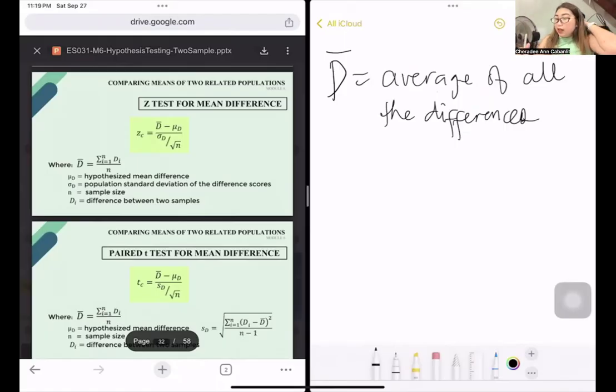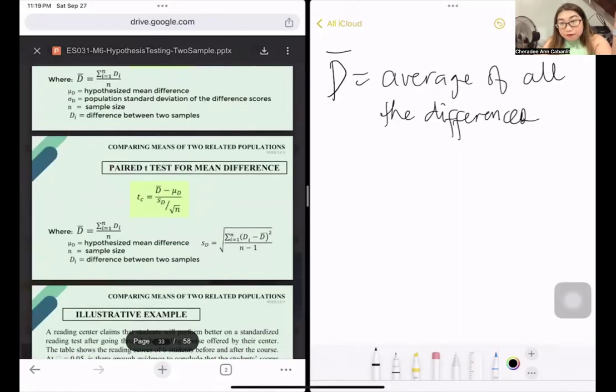And then, the mu d is the assumed difference over sigma d, which is the standard deviation of the differences over square root of n. While the paired t test is the same formula, the only difference is you actually have to compute your SD, because the variance is unknown.